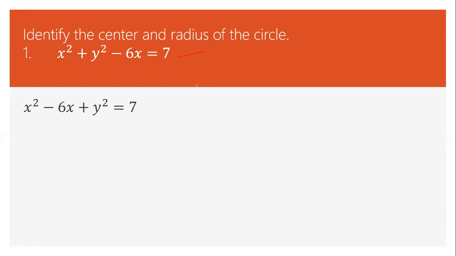So first thing is to regroup it. Combine the same variables: x squared minus 6x, and then y squared is equal to 7.